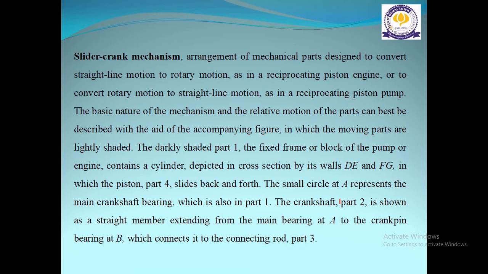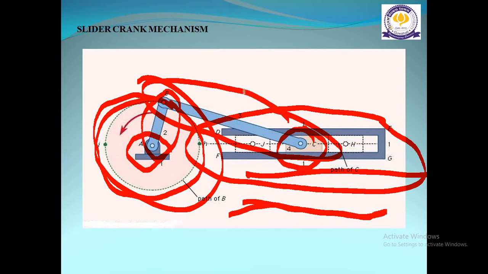The crankshaft part 2 is shown as a straight member extending from the main bearing at A to the crankpin bearing at B, which connects it to the connecting rod part 3. Here this is the connecting rod.